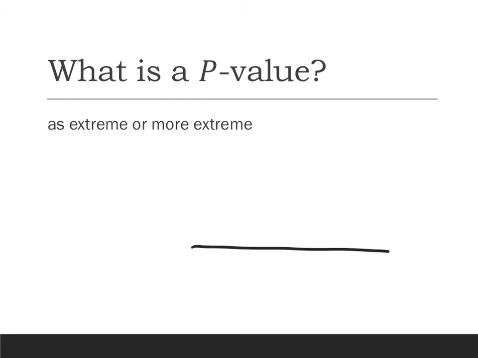Because whether we're dealing with the normal curve or the t-distribution, they both kind of have the same basic bell shape. And so what we're saying is we want to know if we have a sample value, so in this case maybe a p-hat, say my p-hat is sitting there. If I want to know what's the probability of getting a sample statistic as extreme or more extreme than the one I observed. So this is the one I observed.